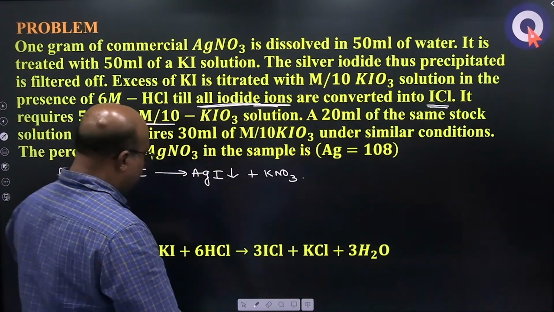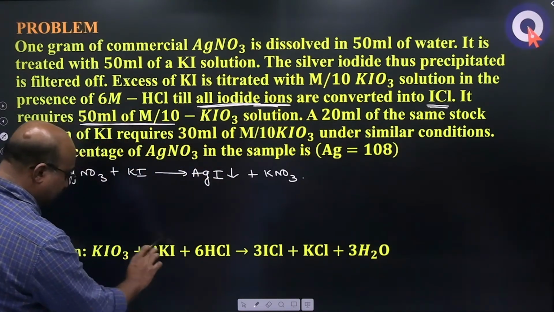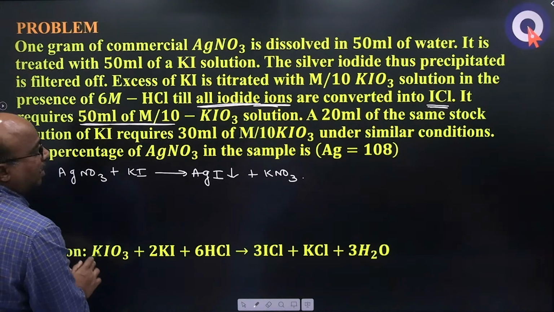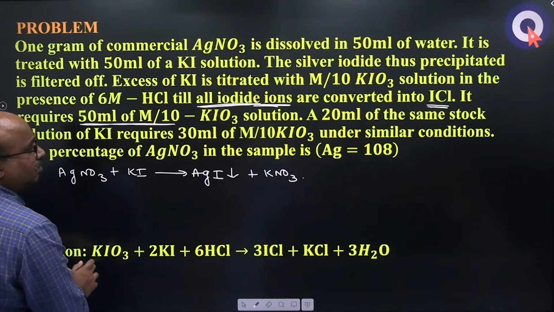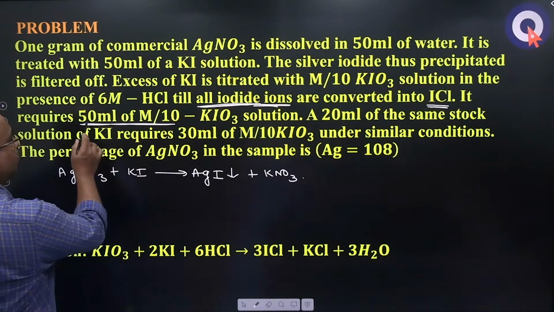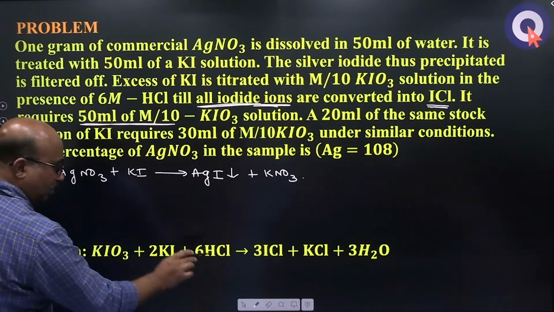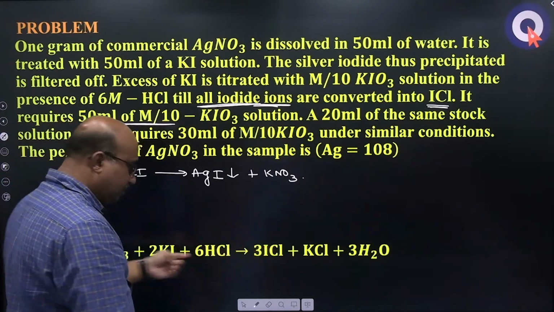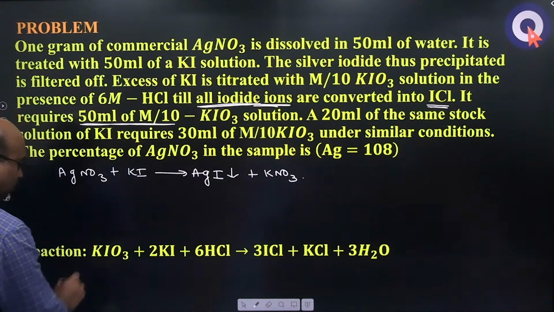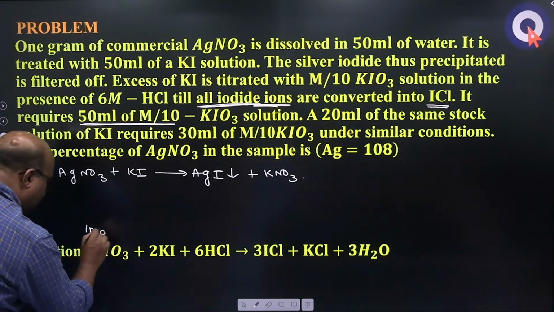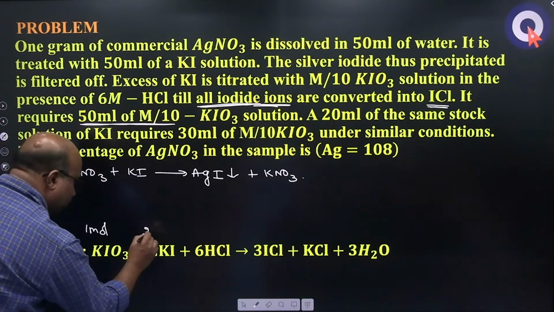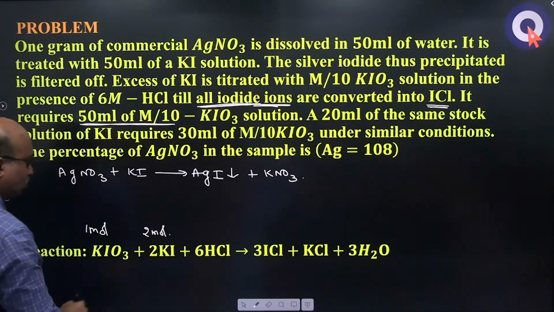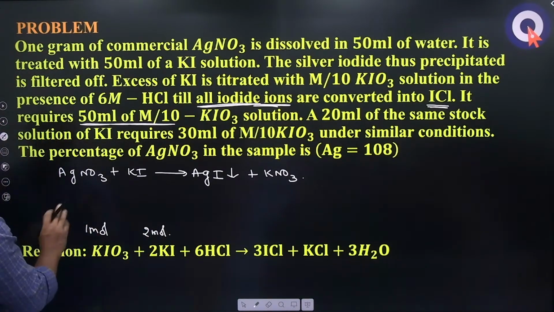Even if you take excess of this, if you take some M/10, 0.1 M concentration of KIO3, we require 50 ml. As per the equation, which is already balanced here, 1 mole of this is always reacting with 2 moles of this. So how many moles of this have we taken?